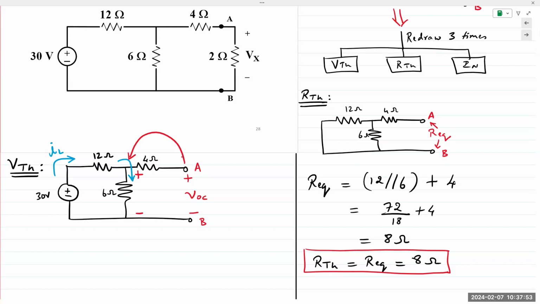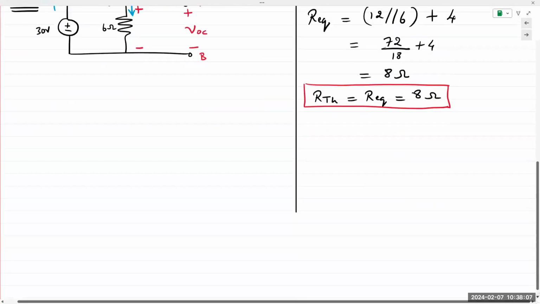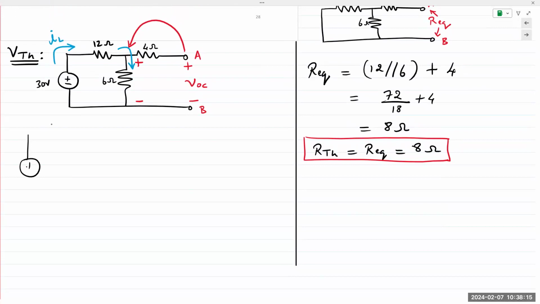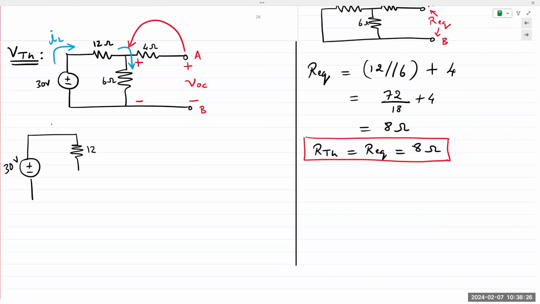Does that make sense? I could redraw the circuit this way. So, 30-volt source, plus minus 30 volts, 12 ohm, and then 6 ohm resistor.